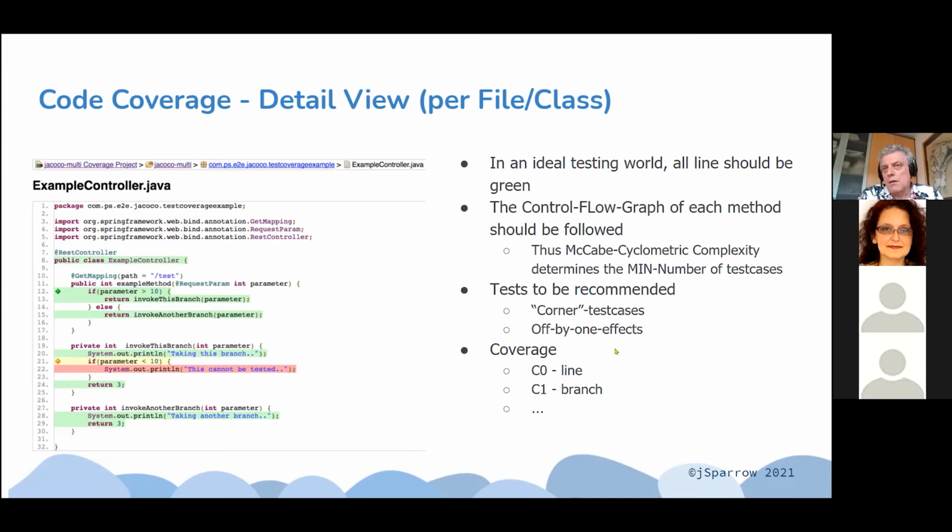And in determining how many test cases you need for each method, you will have to draw or calculate the so-called control flow graph of each method. To find out the minimum number of test cases you need, you have to determine the complexity, the McCabe cyclomatic complexity to be exact.